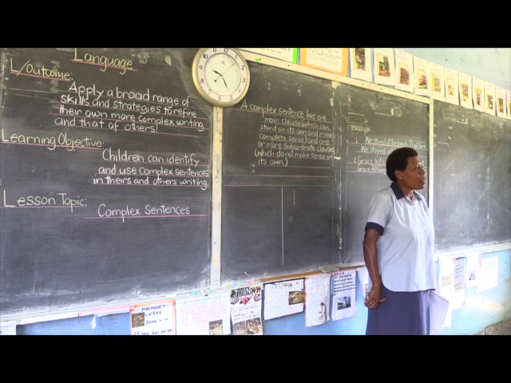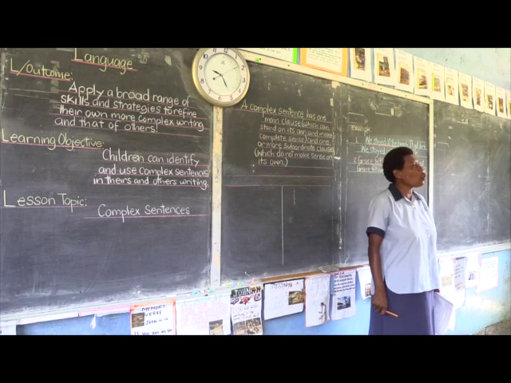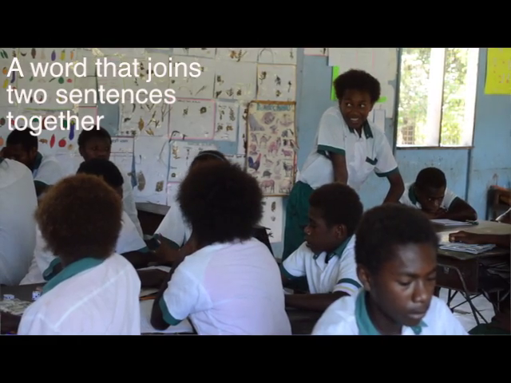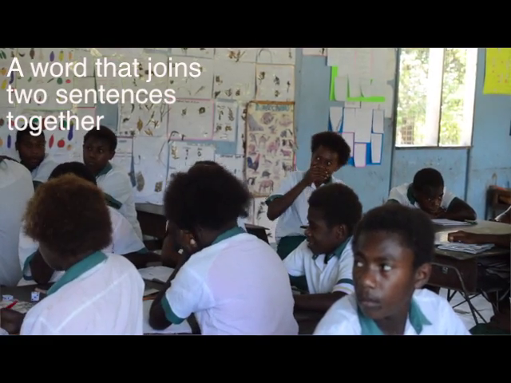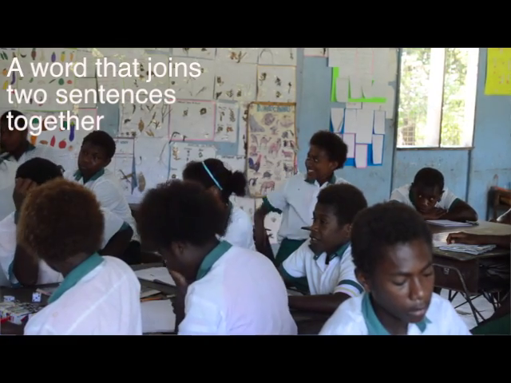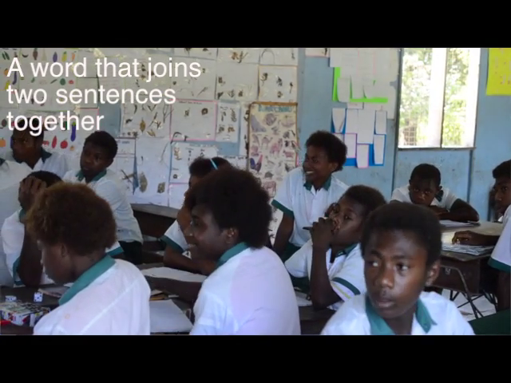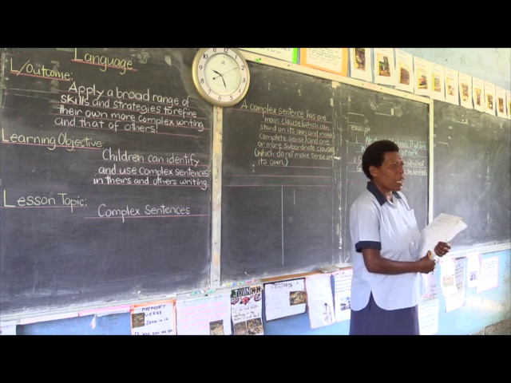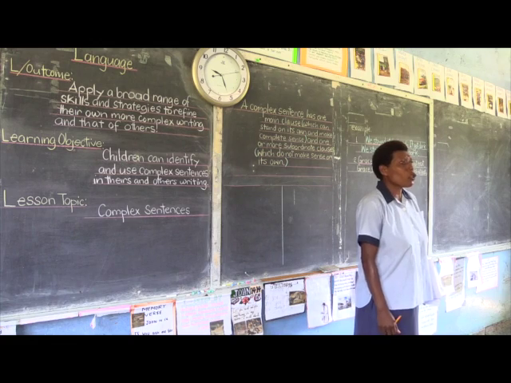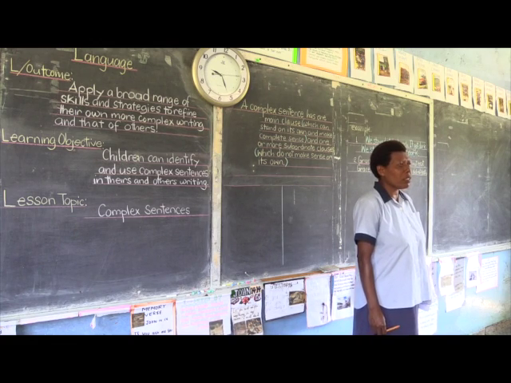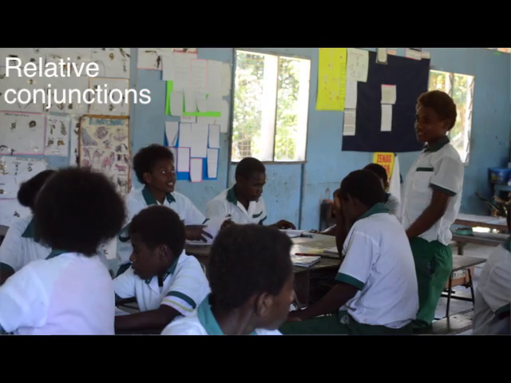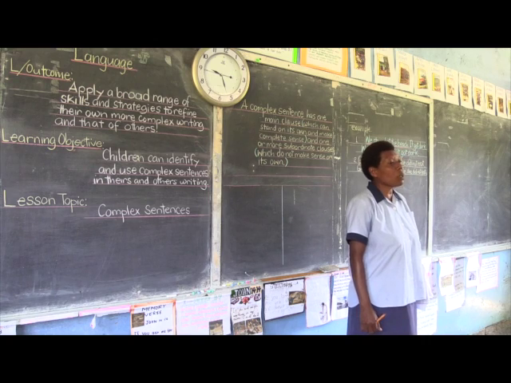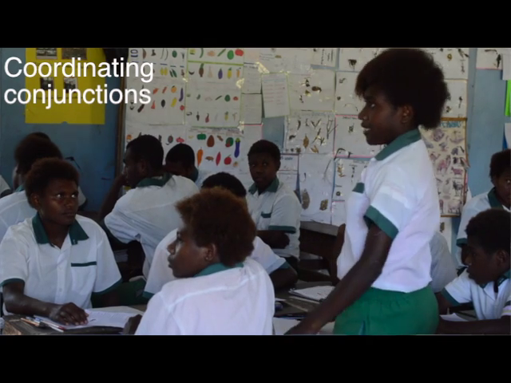Who can tell us what is a conjunction? A word that joins two sentences together. Very good. Who can name the types of conjunctions that we have learned? Relative conjunction is one. Very good. And what's the other one? Coordinating conjunction.